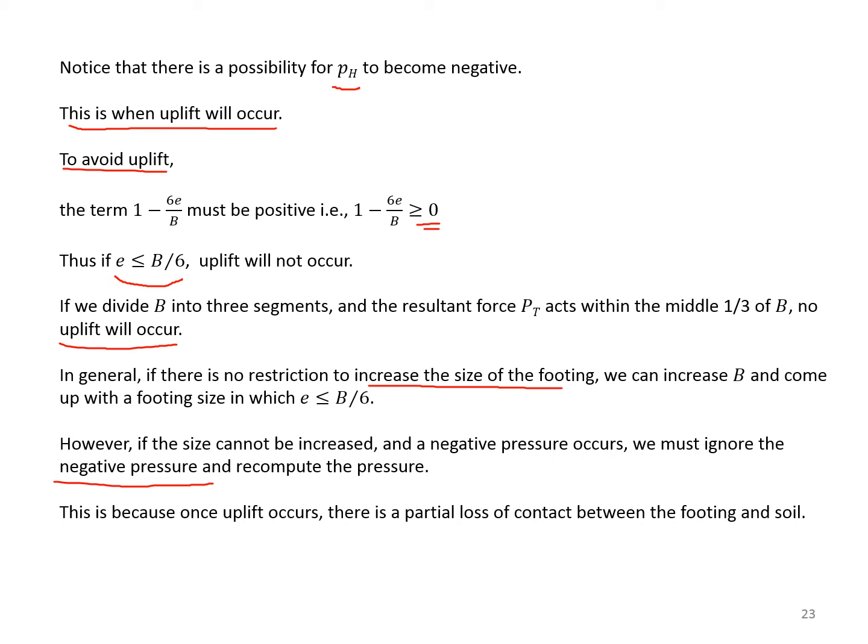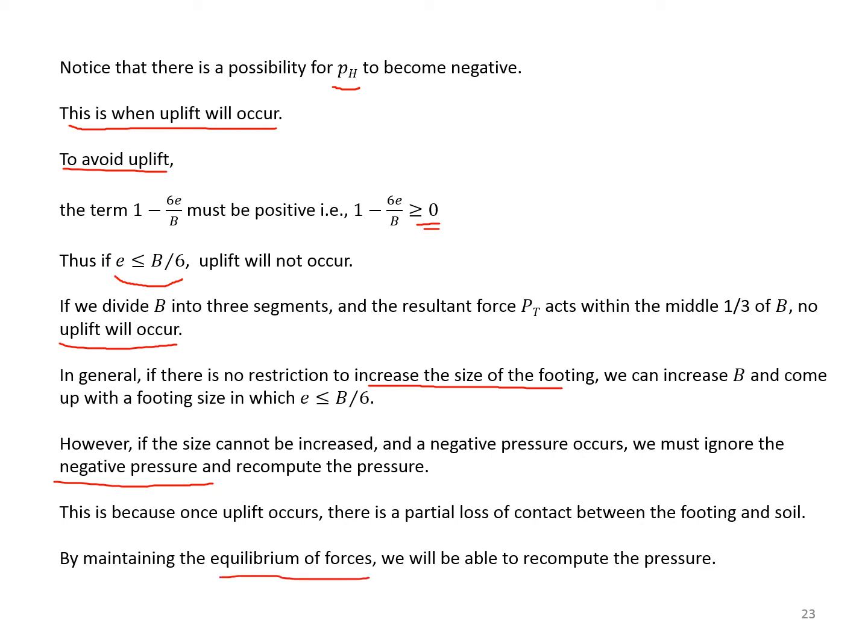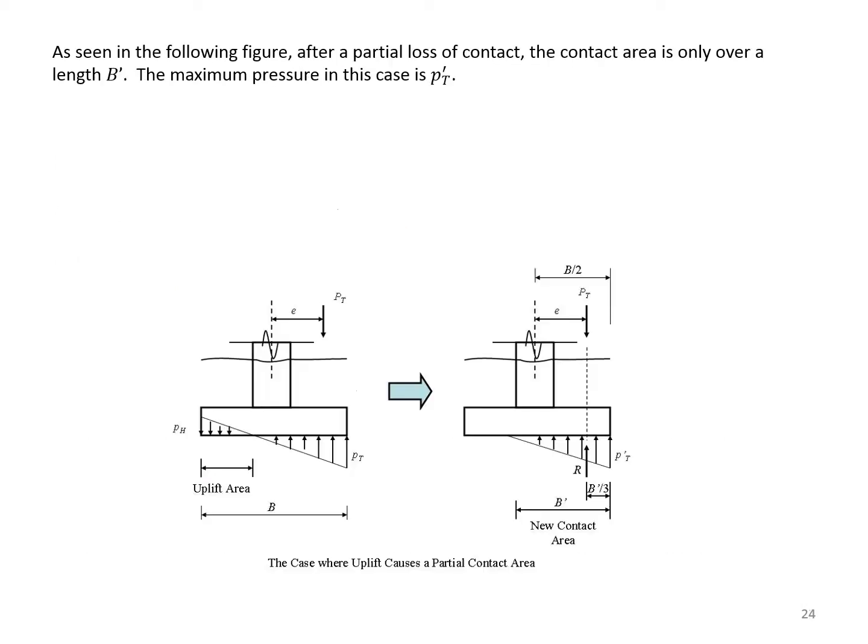This is because once an uplift occurs, there is a partial loss of contact between the footing and the soil. Let me demonstrate this for you. In fact, by maintaining the equilibrium of forces, we will be able to recompute the pressure. So here it is demonstrated.